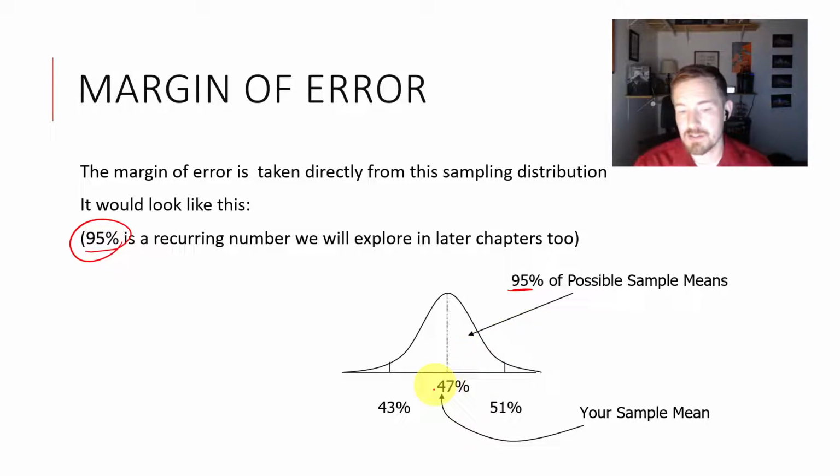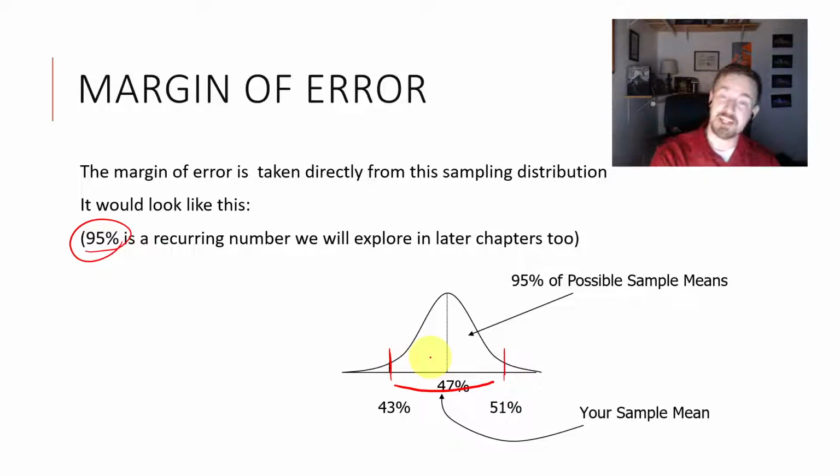Which means that if we extrapolate to other samples we might collect, that should fit with 95% certainty somewhere between 43% and 51%. In other words, we're 95% confident that the population is going to vote somewhere between 43% and 51% for candidate A. Why do I say 95%?